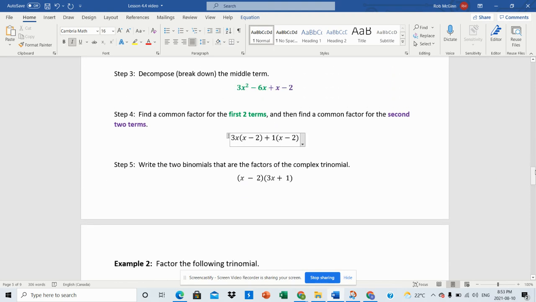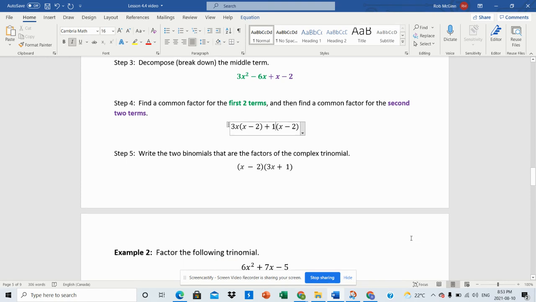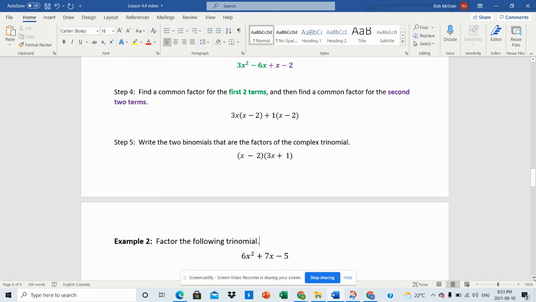All right. So, example 2, I'm not going to talk so much about the steps as just show you the steps. Steps are going to be the same. I'm going to first multiply A times C, then find two numbers that multiply to that, and add to my term B here. Once I've done that, decompose my middle term, find common factors for my first two terms, find a common factor for my second two terms.